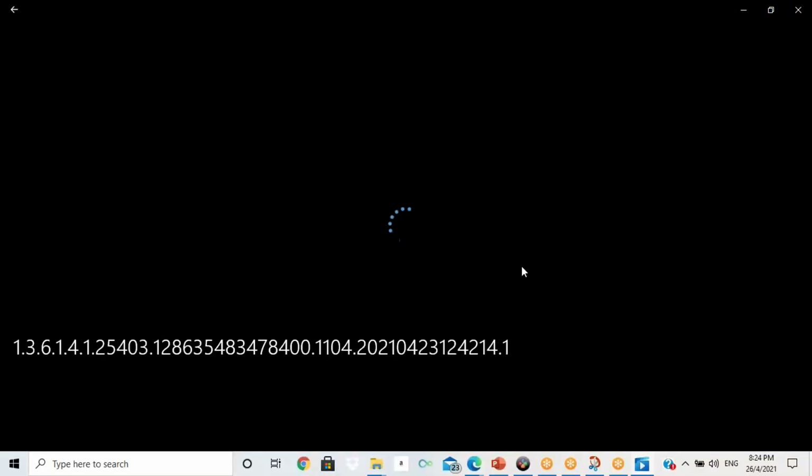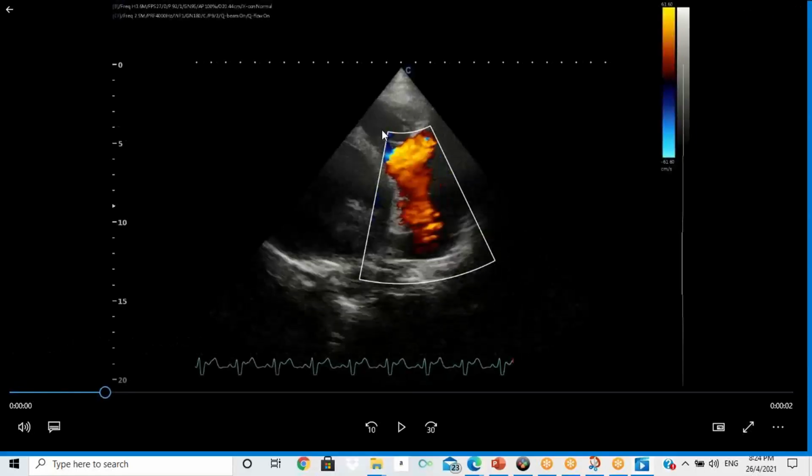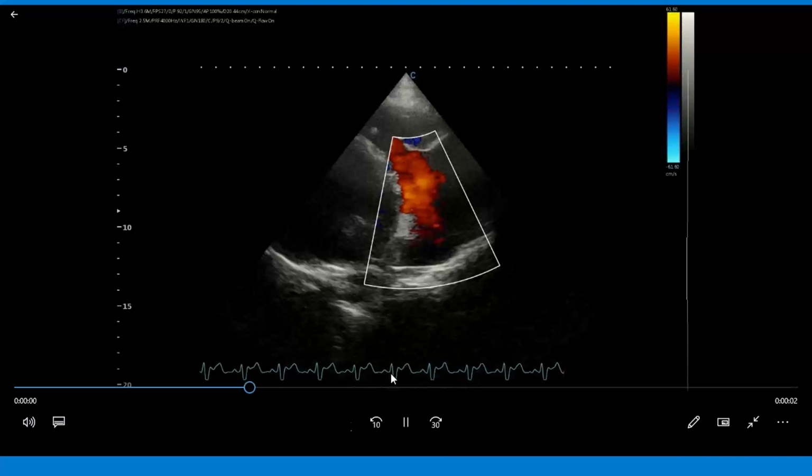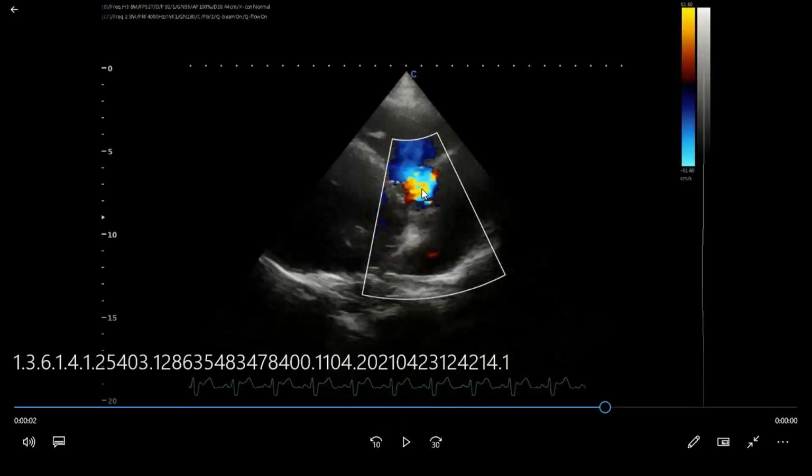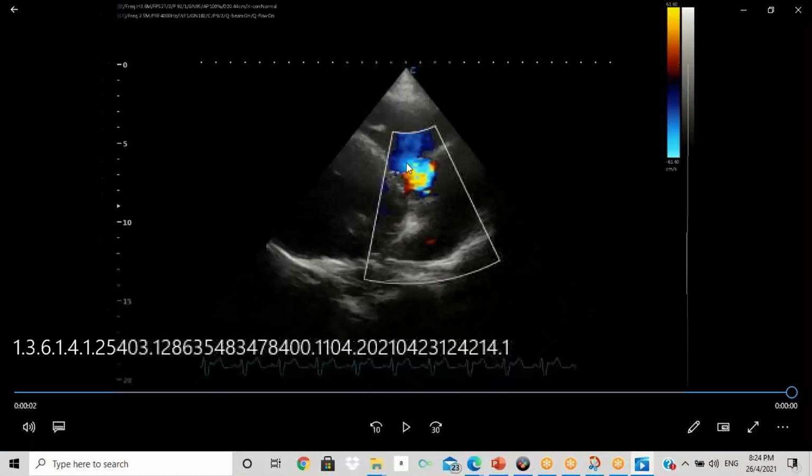And just like all the valves, you put your color across the tricuspid valve, and you can see that there's color.